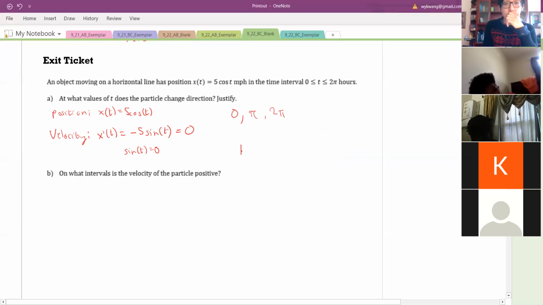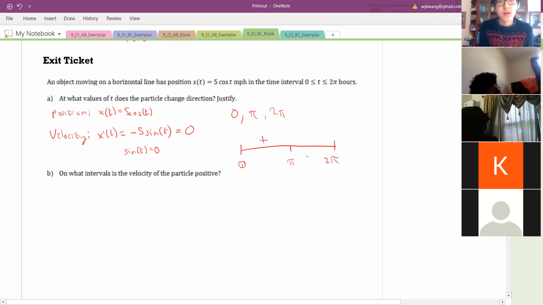Well, if we're drawing this interval, right, let's draw a number line now. Right, pi is in the middle, 0, 2 pi. Well, there's only really one place where it can possibly change direction because 0 and 2 pi are at the ends, at the limits, right? So if I plug anything between 0 and pi into our velocity function, I'm just gonna write this down.